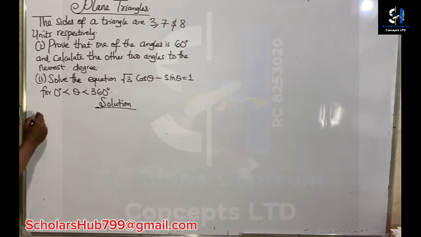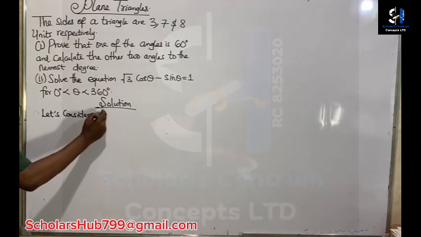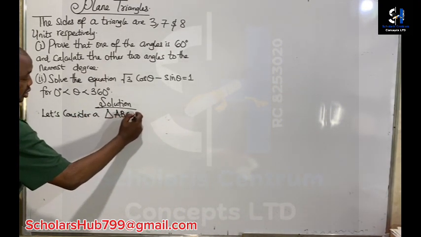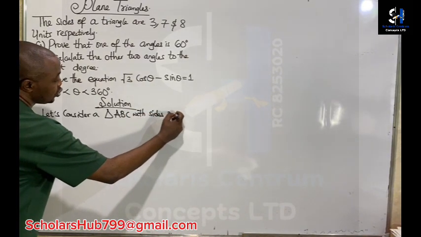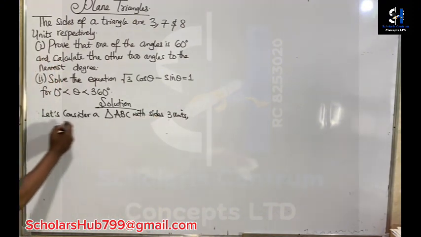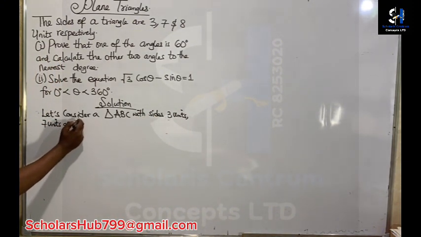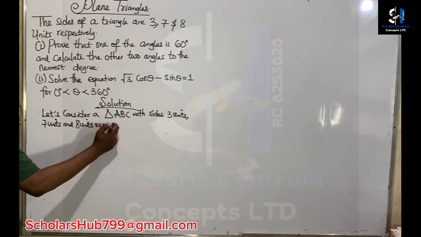Let's consider a triangle ABC with sides 3 units, 7 units, and 8 units respectively.